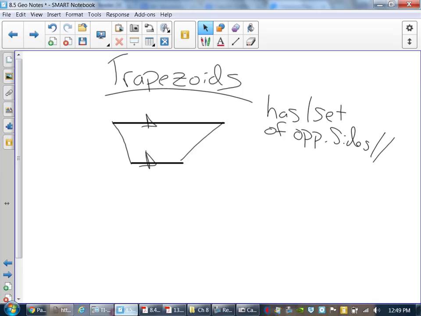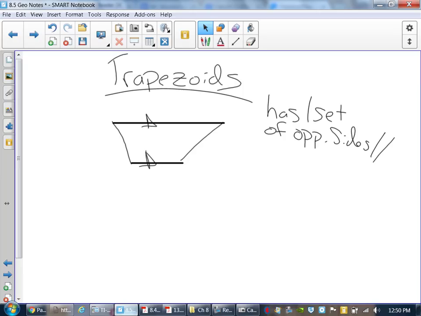A trapezoid is a basic, regular boring trapezoid, and then we'll have the more specific isosceles trapezoid here in a second. When you see a trapezoid, you know you're going to have one set of opposite sides that are parallel. It does not automatically mean anything else but that.